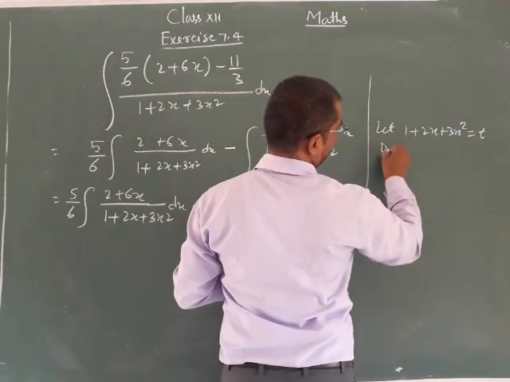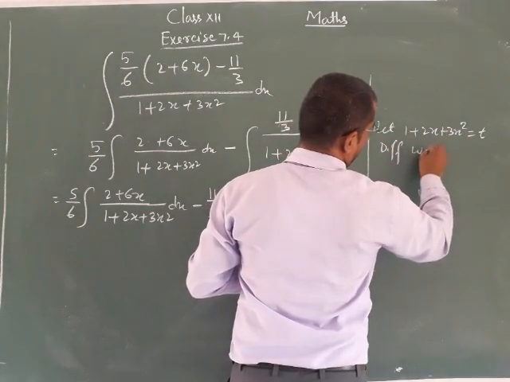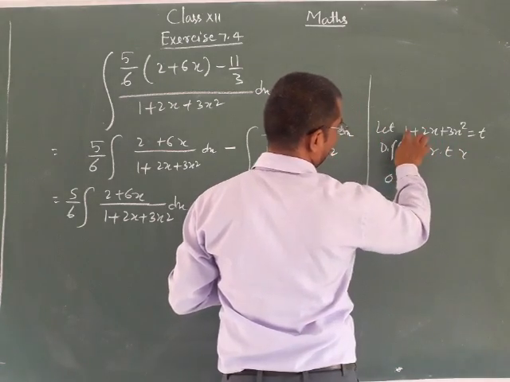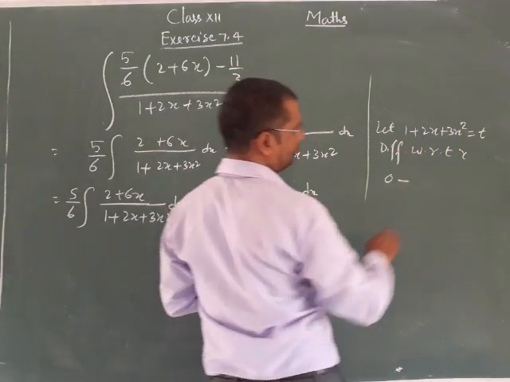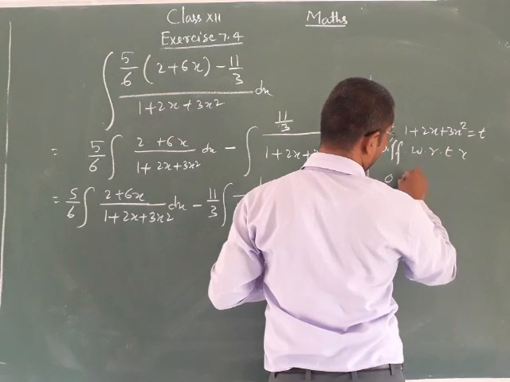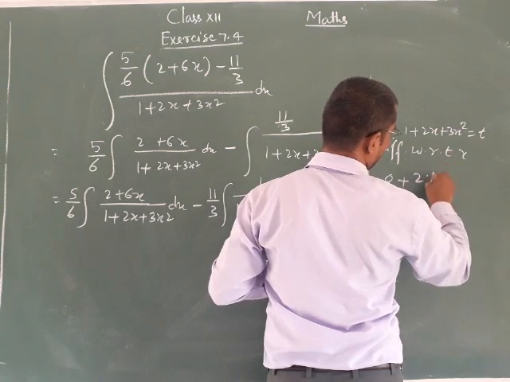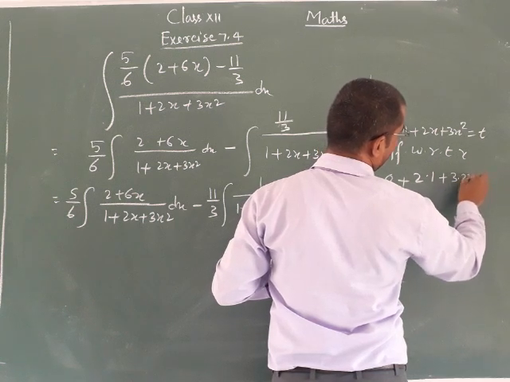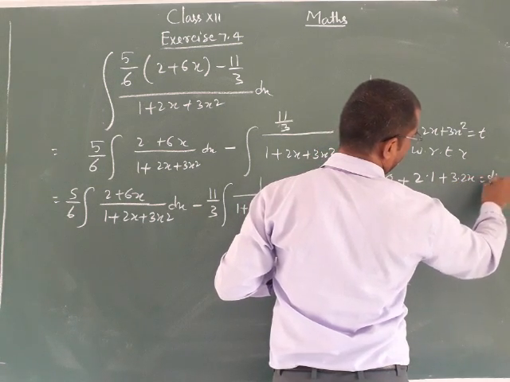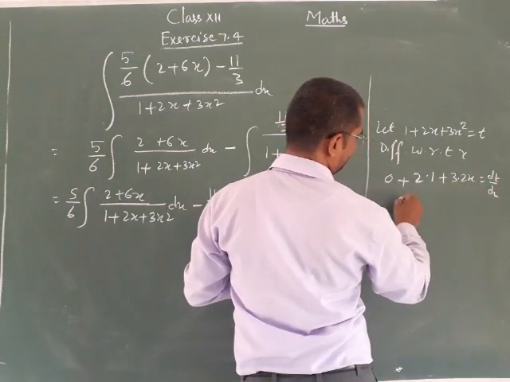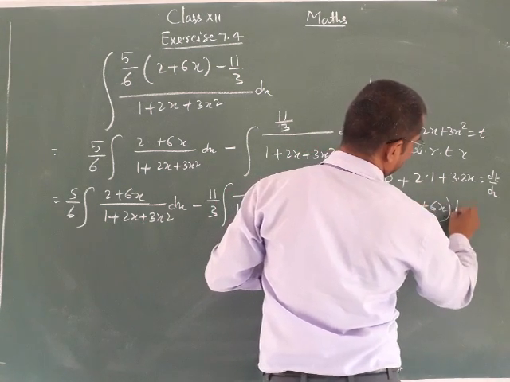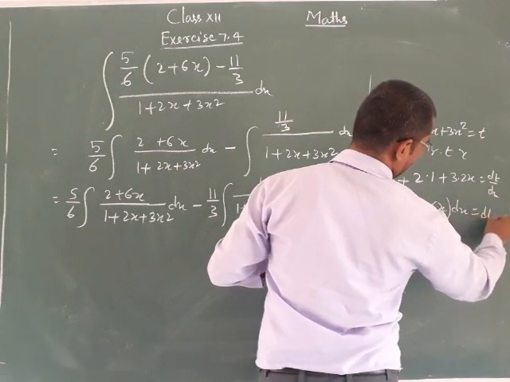So differentiating with respect to x, 0 derivative of constant 0, and 2 common out, and x is 1, and 3 and x square derivative 2x, dt upon dx. So 2 plus 6x dx is equal to dt.